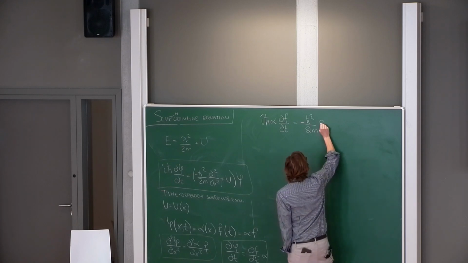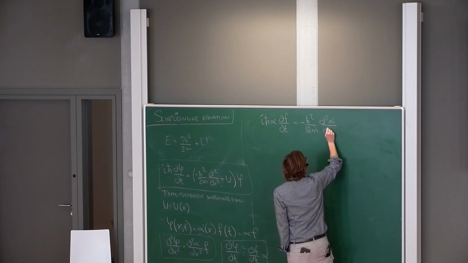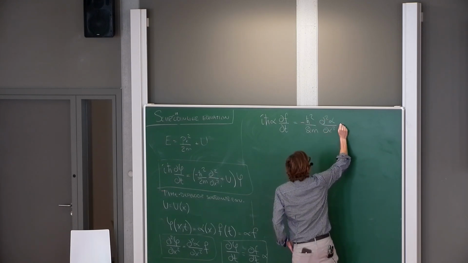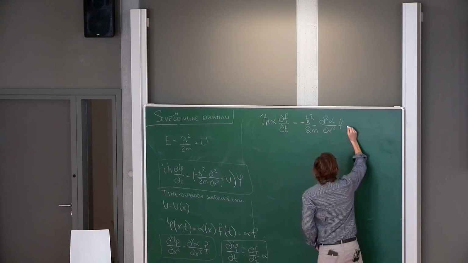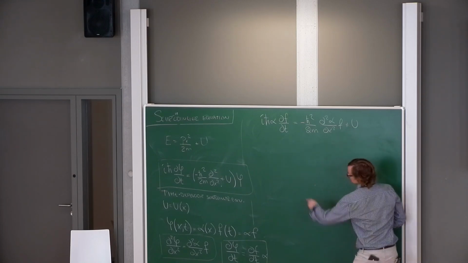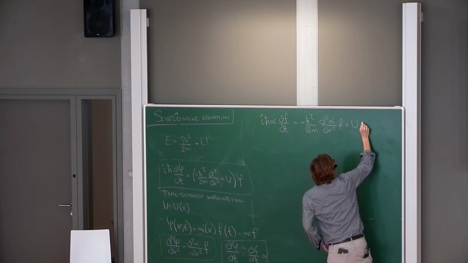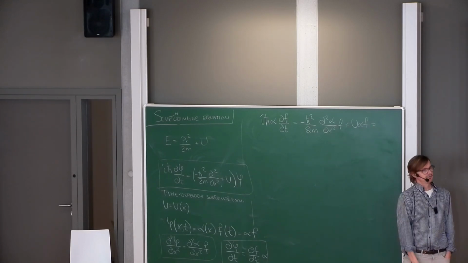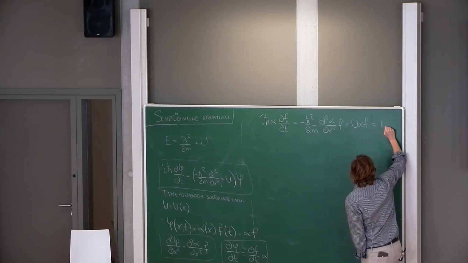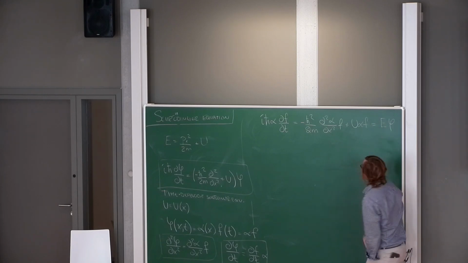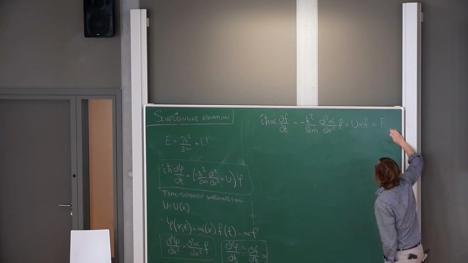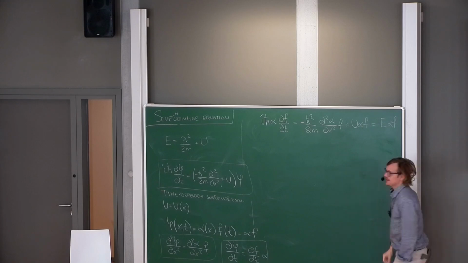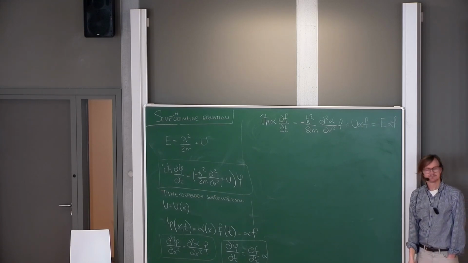So that's the d2alpha/dx2 times an f, right? And then we have the potential. So u times phi, which is just alpha f. We can suppose from before that this is just the energy, right? Times phi, which we have supposed is alpha f. Okay?